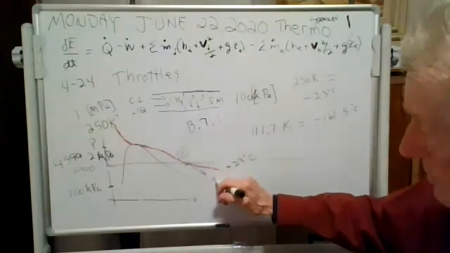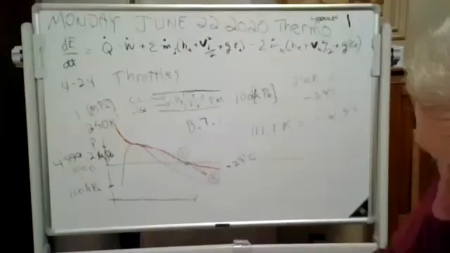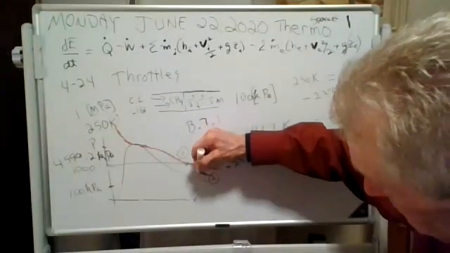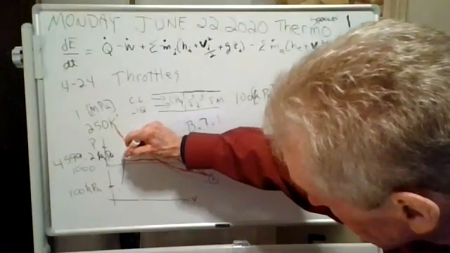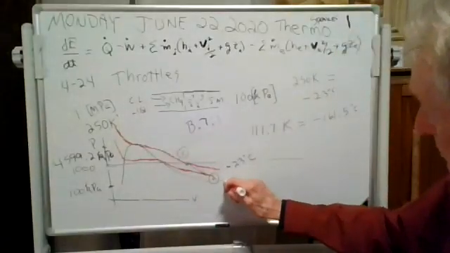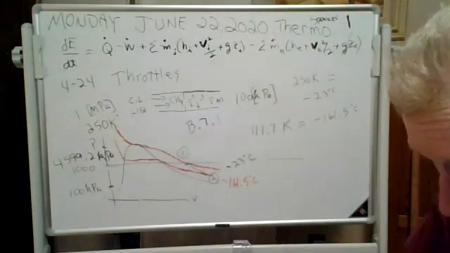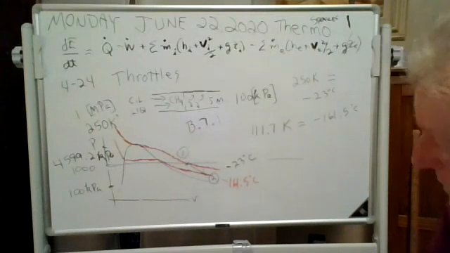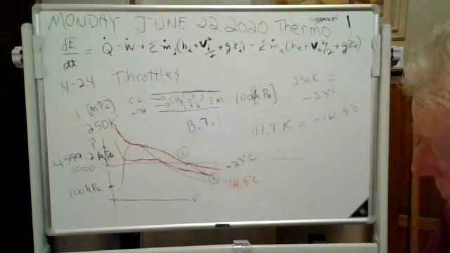That looks like state 2, but the temperature is really cold. It's negative 161.5 degrees. But I think you're still in the superheated vapor, maybe. I'm not sure, though. Maybe you're in here.